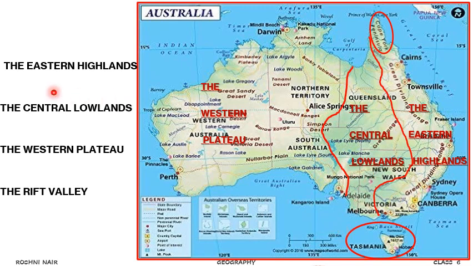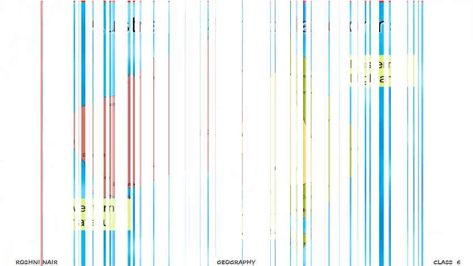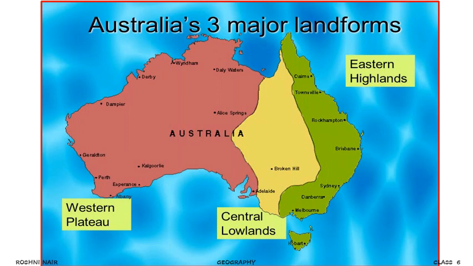Today we will be learning the Eastern Highlands and the Central Lowlands. So these are the three major landforms. Otherwise the Rift Valley is not much.